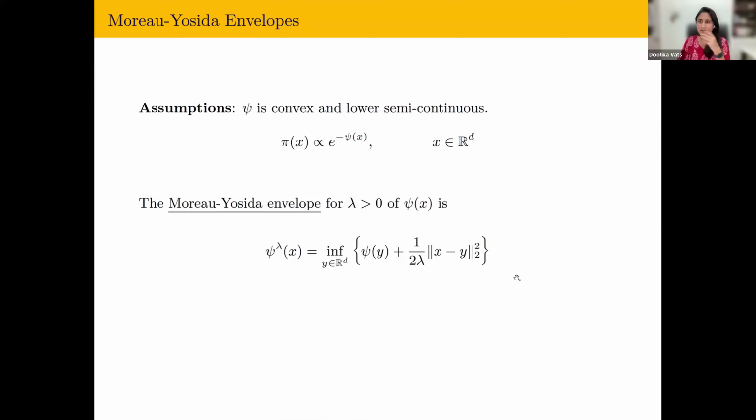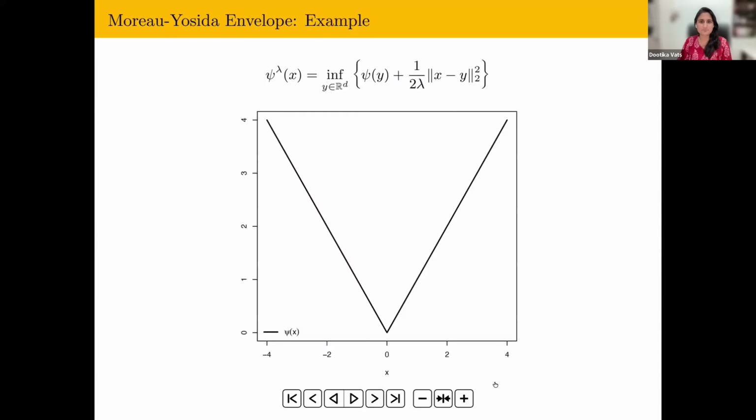Now, the first time I saw this, I didn't quite understand what this was. What helped me personally was trying to visualize this for a Laplace target density. So if I consider pi of x to be proportional to e to the power minus absolute value of x, I'm going to try and motivate what this Moreau-Yosida envelope looks like for just this example. And then hopefully psi_lambda(x) would make a little more sense.